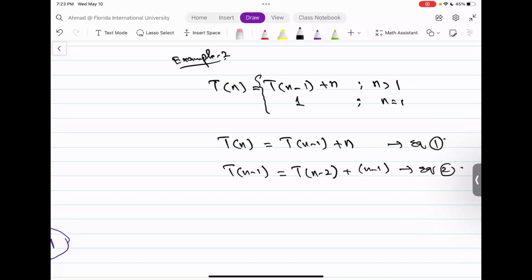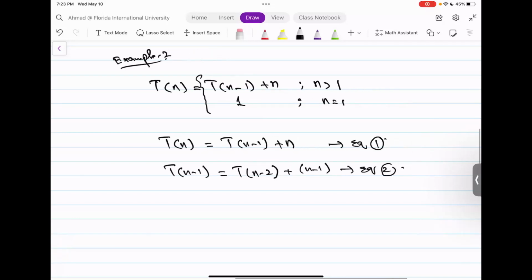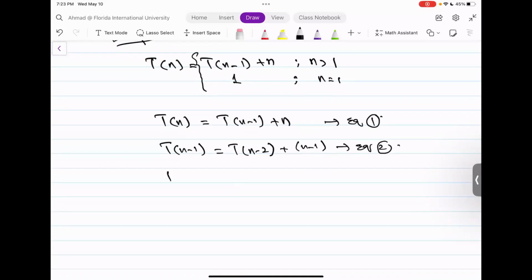Now, one more step backward: T of n minus 2 is going to be T of n minus 3, plus n minus 2, which is my equation number 3.